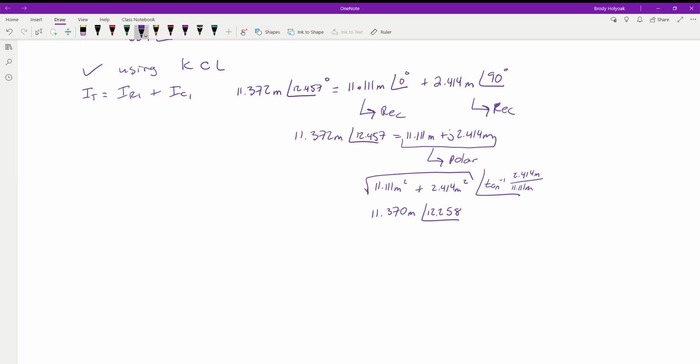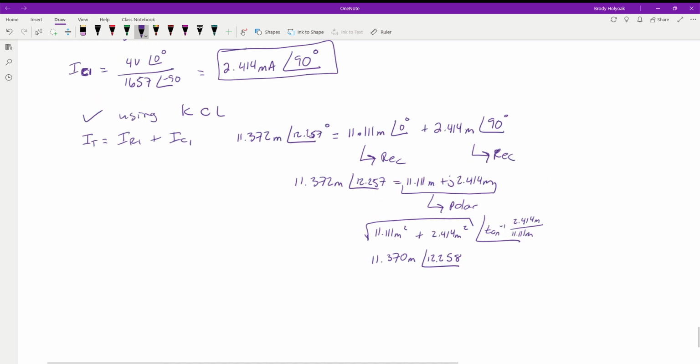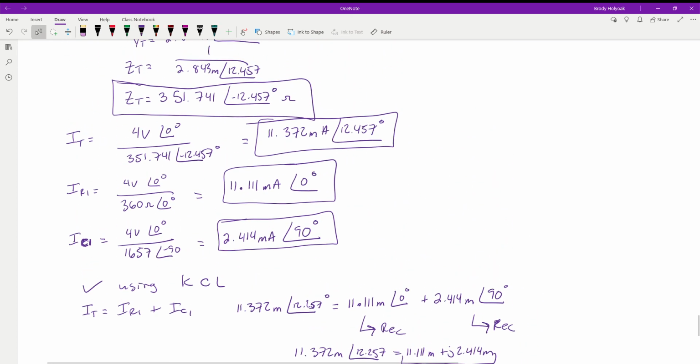And I just realized I goofed. Looking back at my notes, this is 257, not 457. So I'll make that correction up here as well.